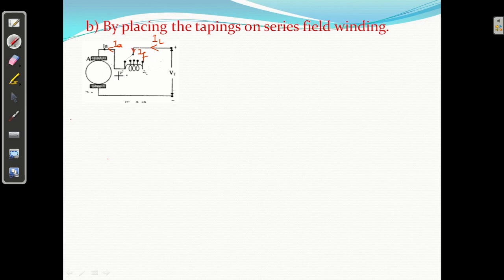But when you provide the tappings here, here is tapping position number 1, and all these turns are in the circuit, and field current is coming from here in this way. Clear?